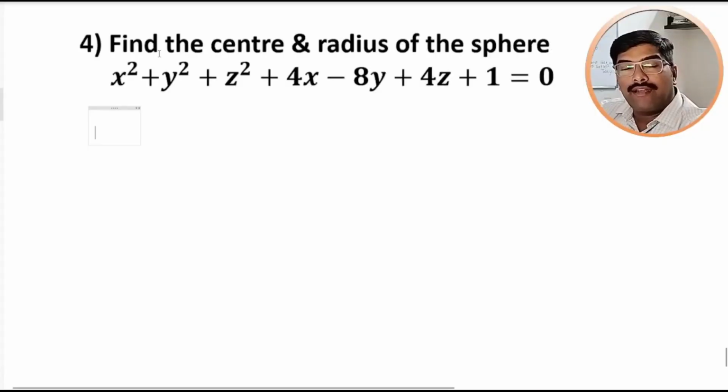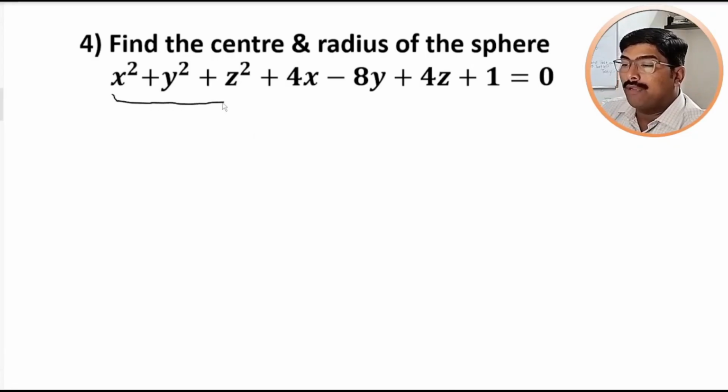Find the center and radius of the sphere x square plus y square plus z square plus 4x minus 8y plus 4z plus 1 is equal to 0. To solve this example, we have to compare the given equation with the general form of the sphere.